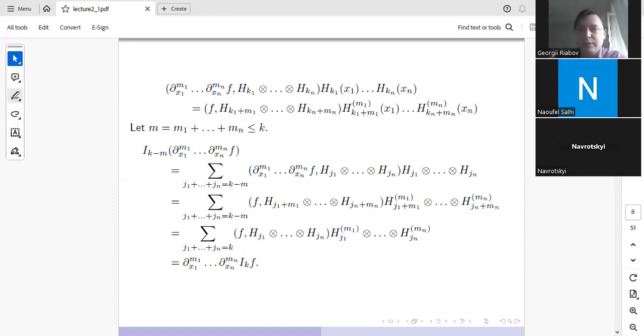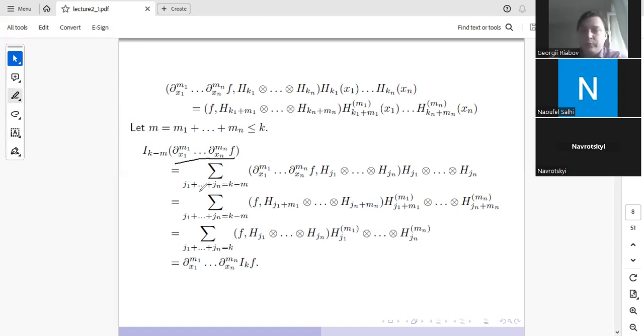As a consequence, consider the projection of this function onto the space of Hermite polynomials of order k minus m.